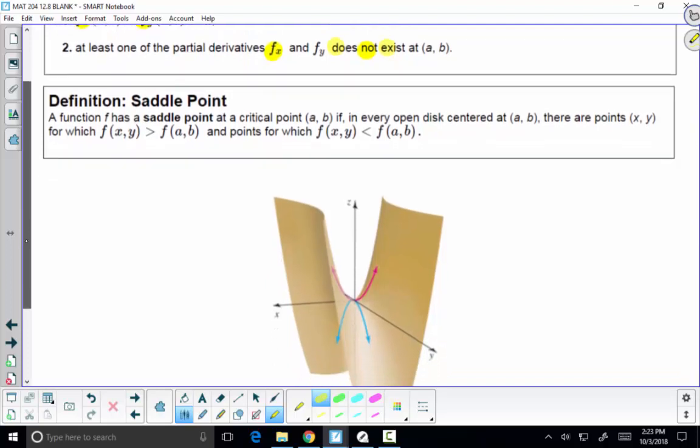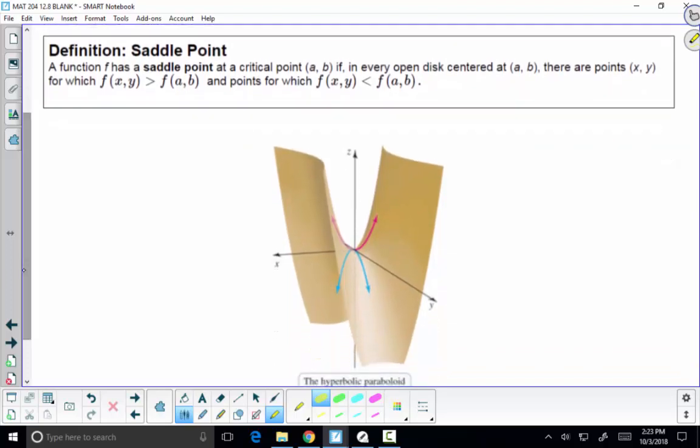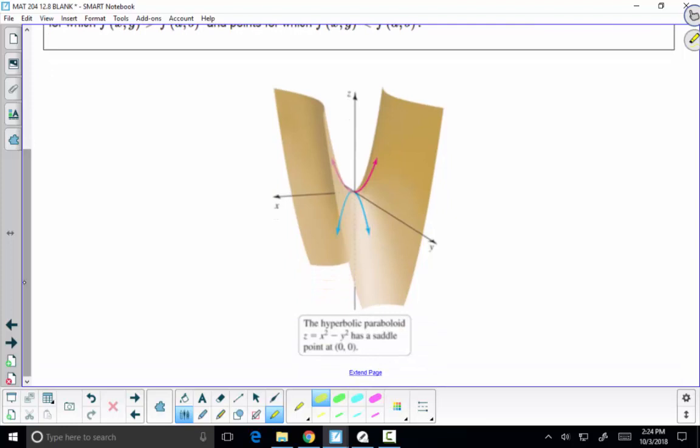So next thing we have to define is a saddle point. This is like an inflection point in one variable calc. For a saddle point, no matter how small you shrink a disk around a saddle point, there's going to be function values that are above and function values that are below that point.